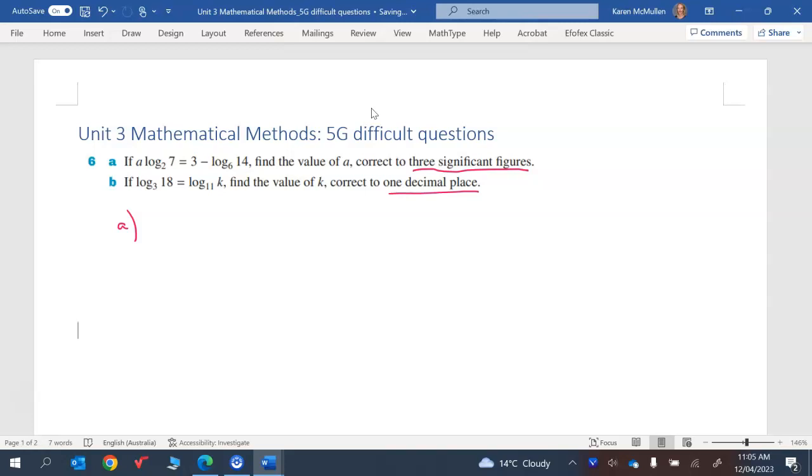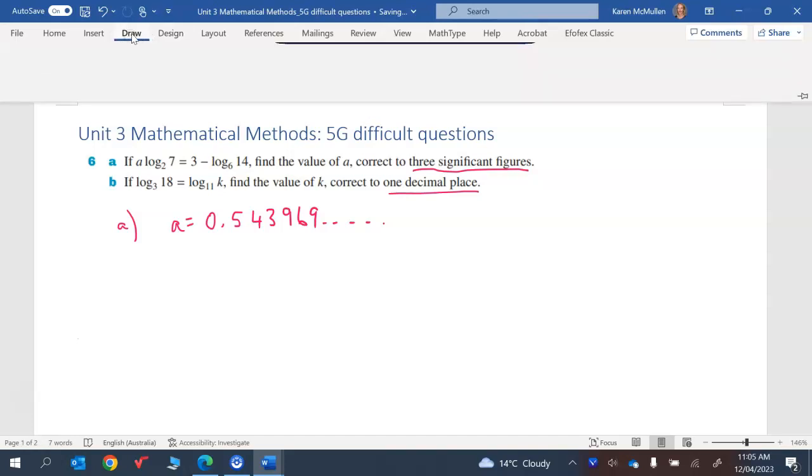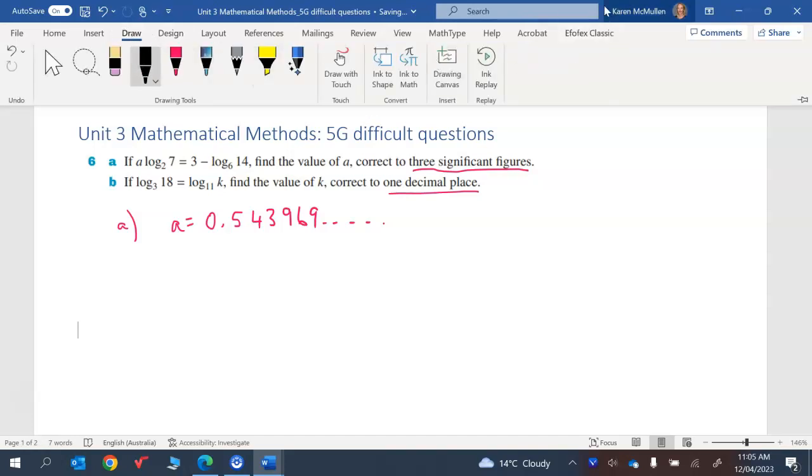So for question A, we're solving for A. So A is equal to 0.54399, and obviously the decimal places continue. Now, if you're rounding to 3 significant figures, it's different to 3 decimal places.